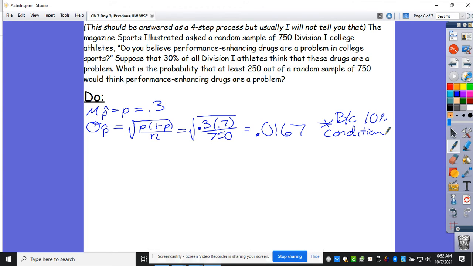Now what? Probability. So I'm finding P of what? Now some people are going to leave this as 250 over 750 or change it to 33%, whatever, that's fine. What do I do with that first? Convert it to a z. So what numbers do I plug in?